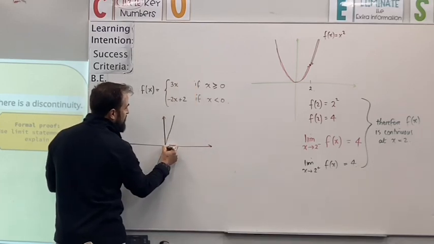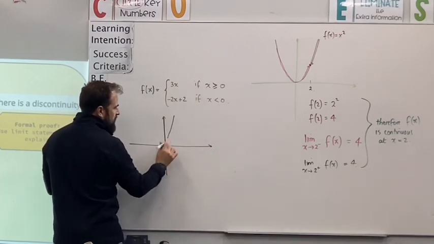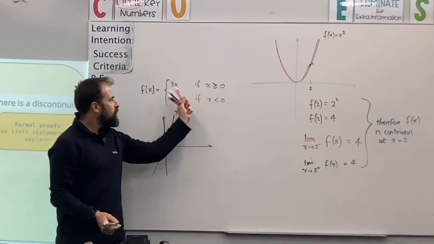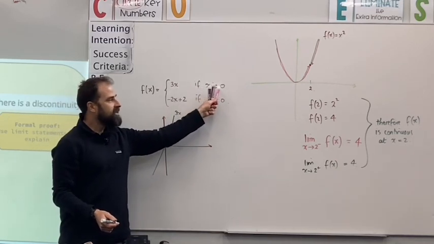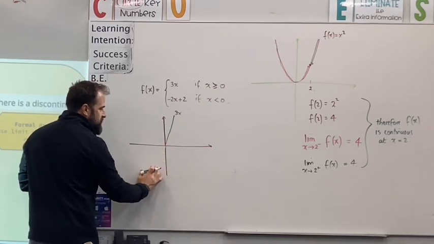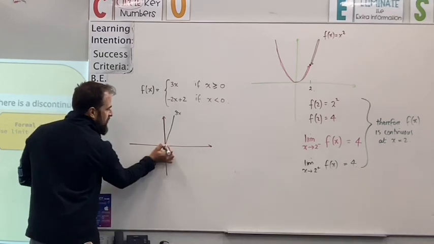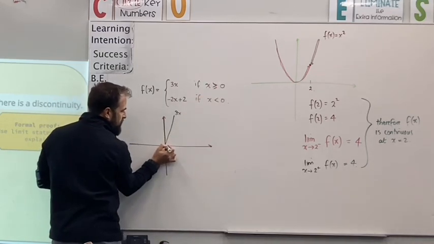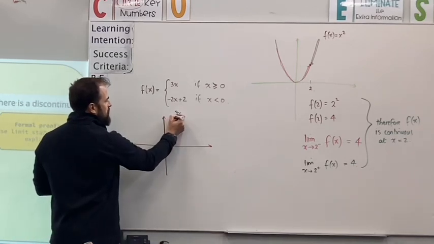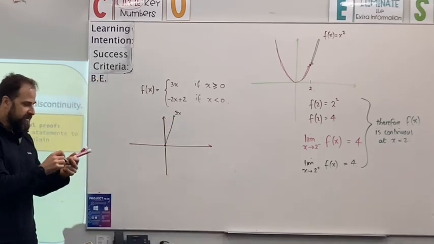So this graph looks like that, that's 3x. Except I only want to use this graph when x is greater than or equal to 0. So I don't want to use that graph for any of these values where x is less than 0. And because it is equal to, I need to put the endpoint as a closed circle. All right, there's my graph.